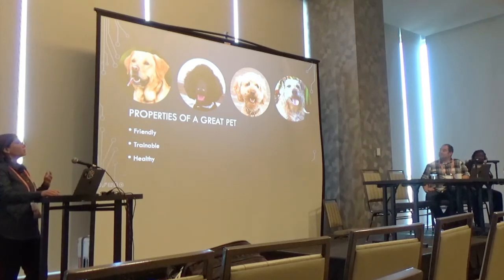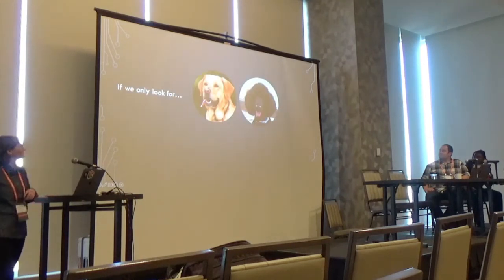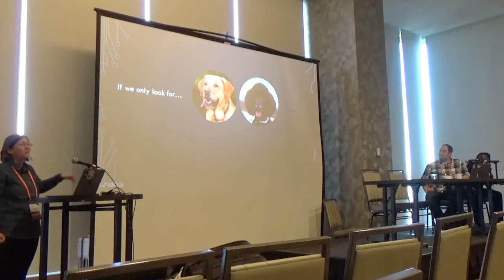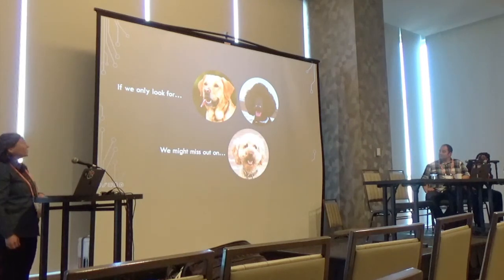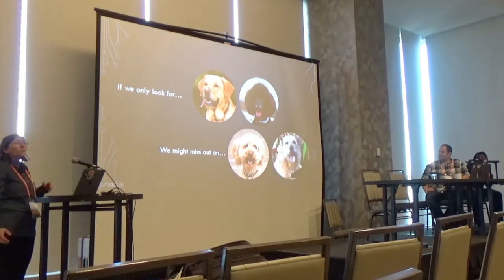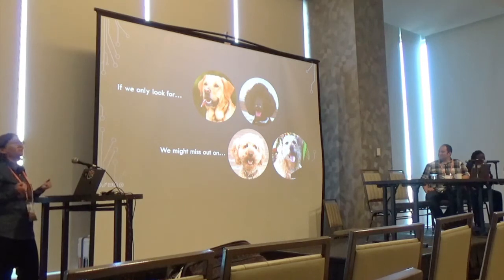Okay, so I'm saying that choosing a paper is not so different from choosing a pet. First off, if we go to the pound to look for our pet and we're only looking for labs or poodles, we might miss out on some other great pets, like the mixture that turned into the labradoodle, or the mutt, who might also be friendly and fun and a good friend.